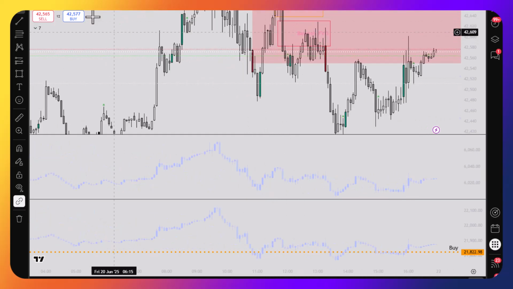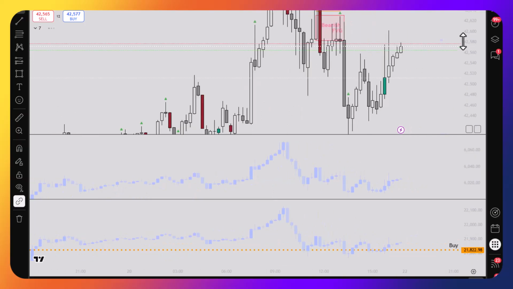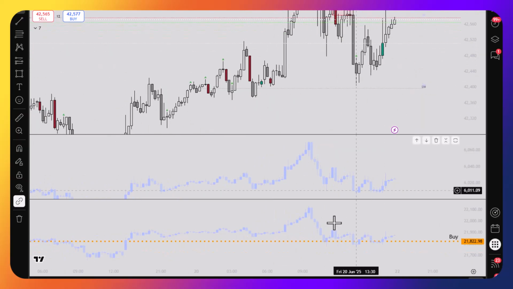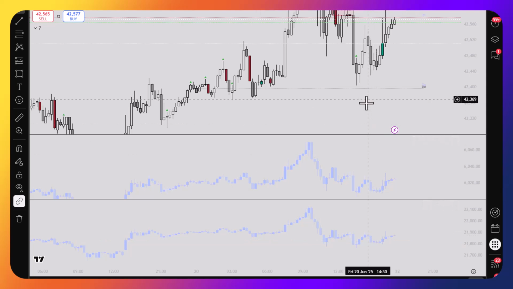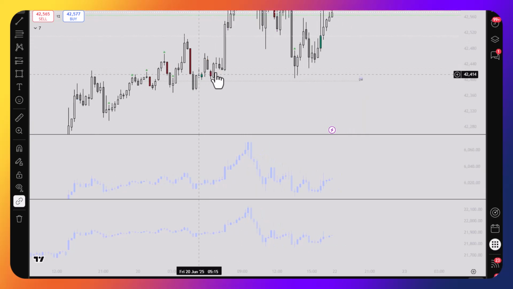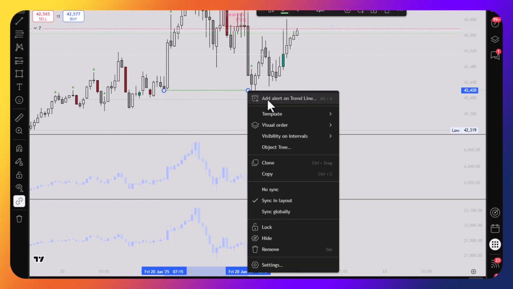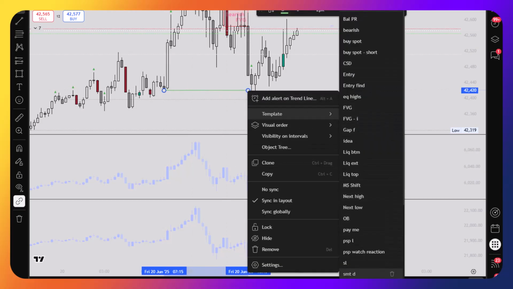Now I will show you, we did have daily sequential SMT between NQ and YM. So YM for the New York session basically had a low that wasn't ran at the same time as NQ.